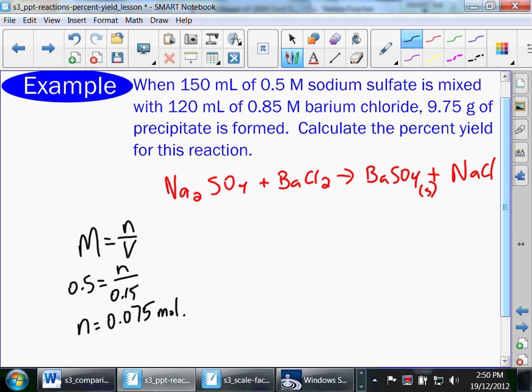Now what we're going to do is the exact same thing for barium chloride. We've got 120 mils of 0.85, so that's 0.12. n's going to be whatever 0.85 times that is. It would be, really? Would it be that? No, it can't be that good.